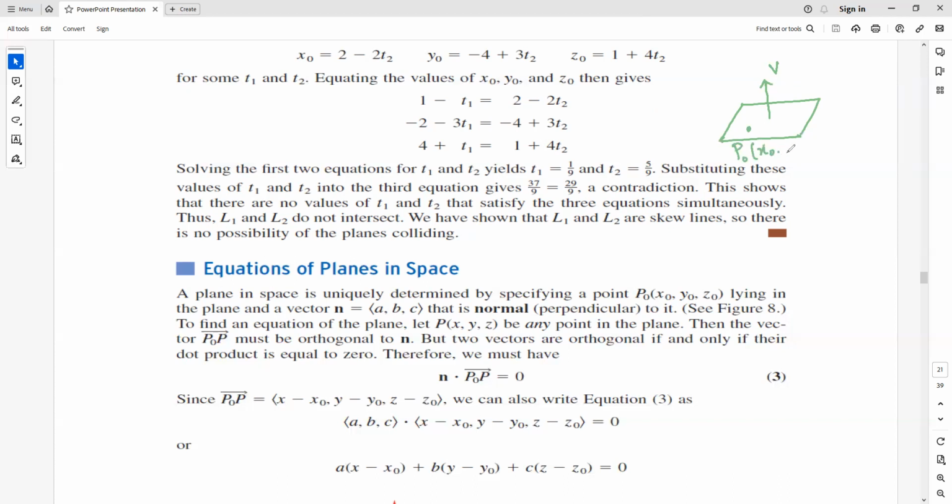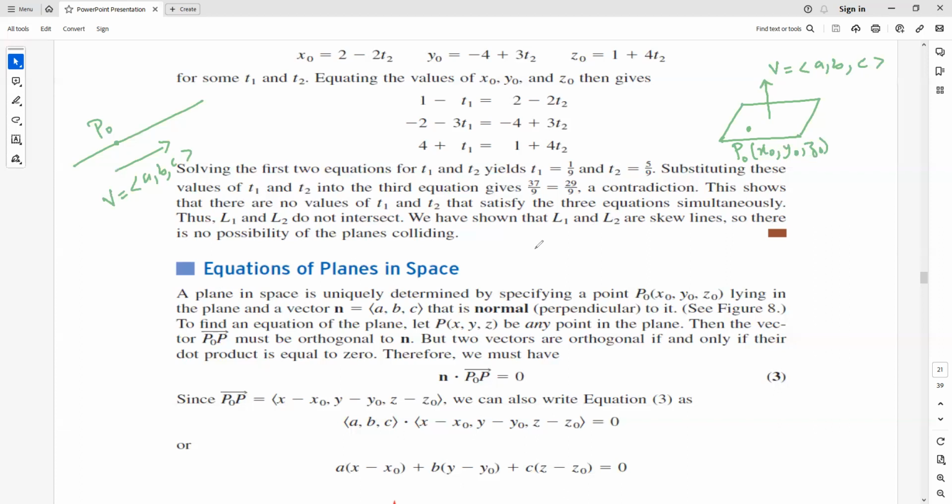The coordinates of P0 are x0, y0, and z0, and the vector normal to this plane has coordinates a, b, c. For the equation of a line, we needed a point on the line and a vector parallel to the line, right? So a point P0 and a vector V parallel to the line with the coordinates a, b, c. But for the equation of a plane, we need a vector that is normal to the plane and a point lying on the plane.